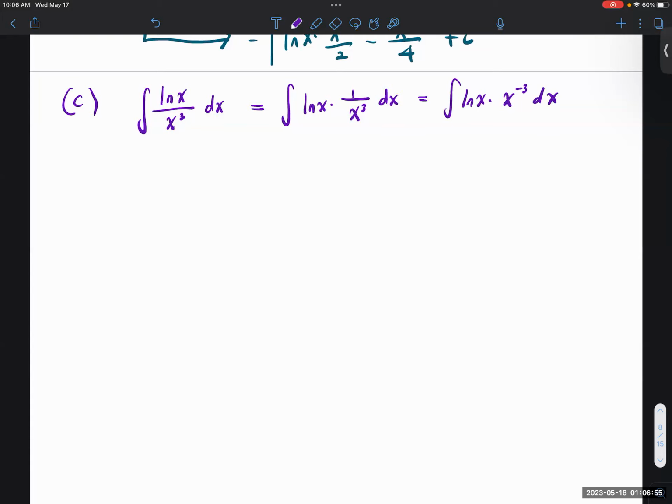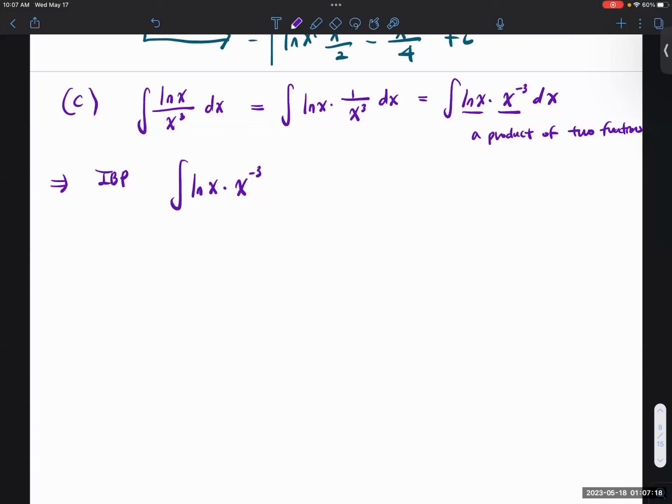So now you see what? This is a product of two functions, right? So we're gonna utilize what? IBP method.